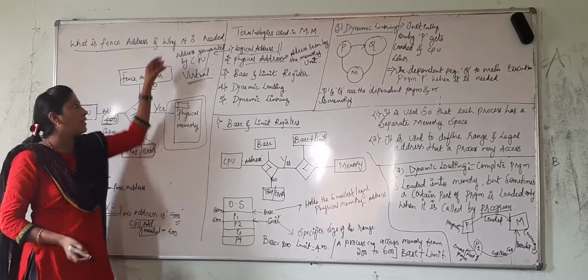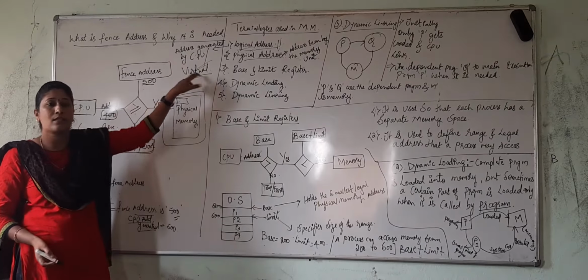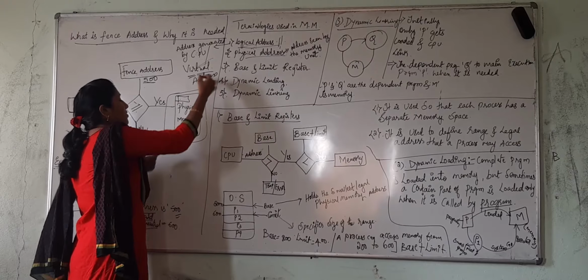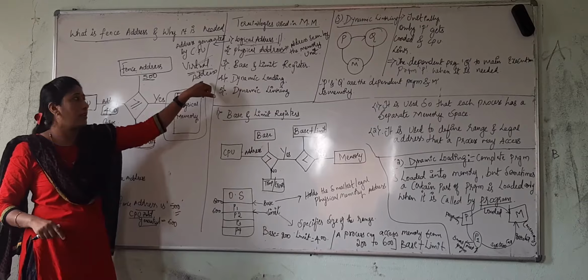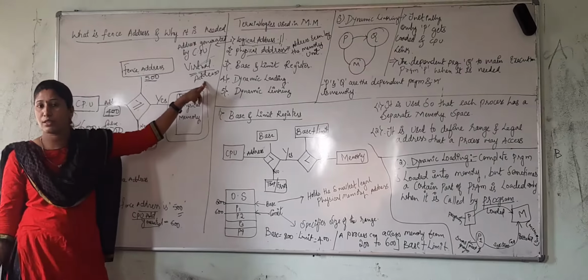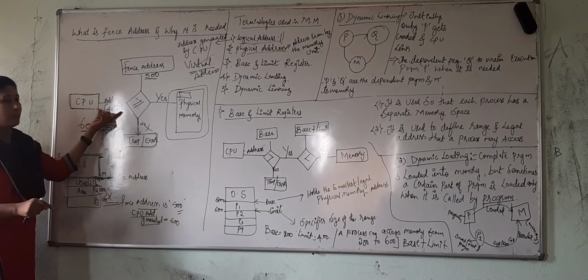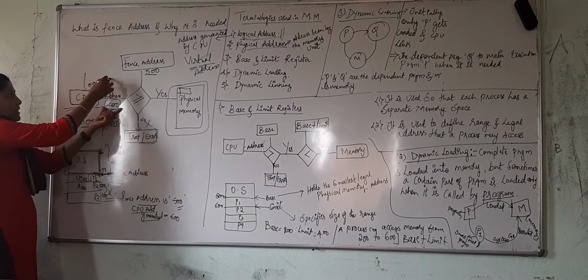No, because it is present inside; we cannot see it. That is why we call it a virtual address. The addresses generated by the CPU are called logical addresses, therefore also virtual addresses.